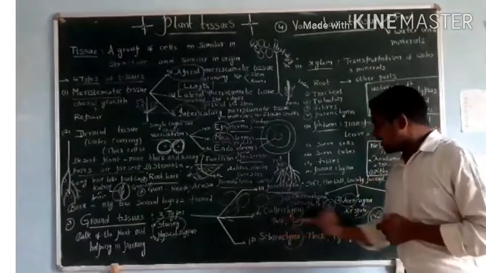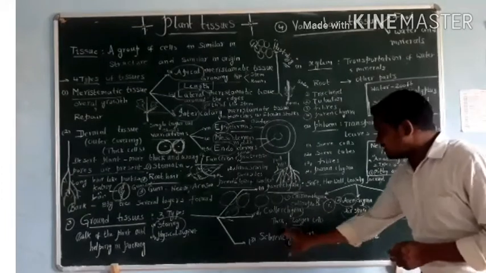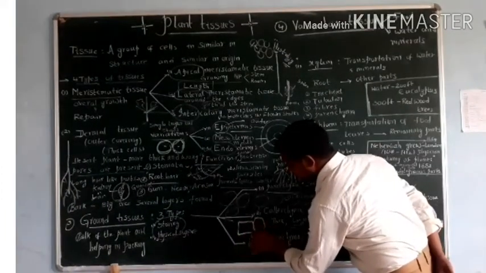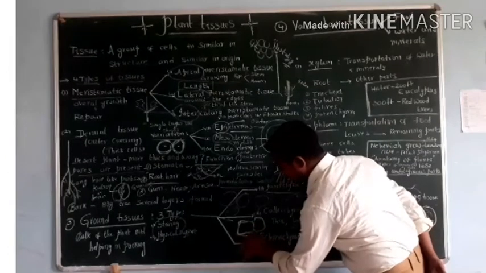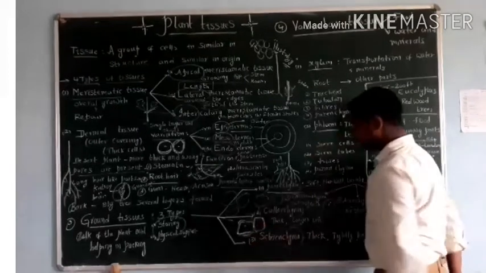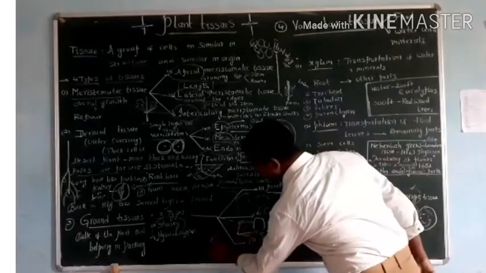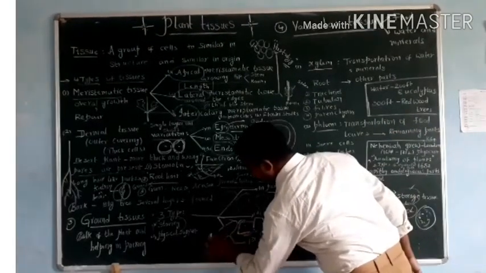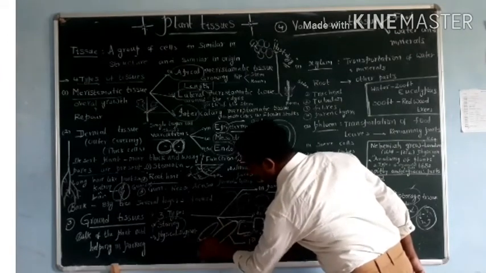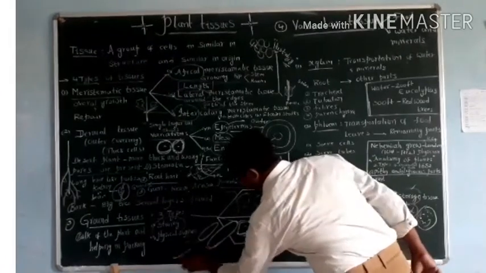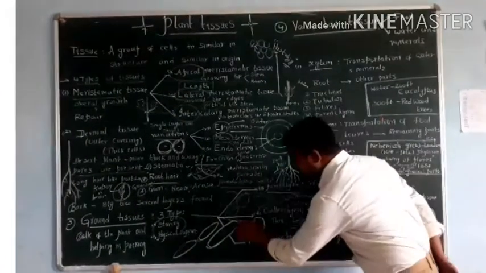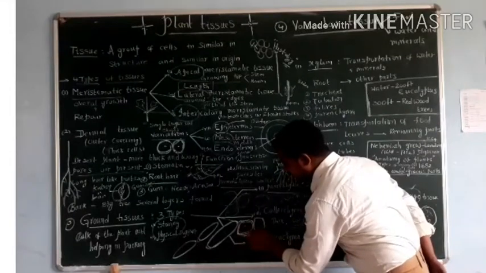Second one, collenchyma. These cells are very thick. They are long, elongated cells with a very thick wall.